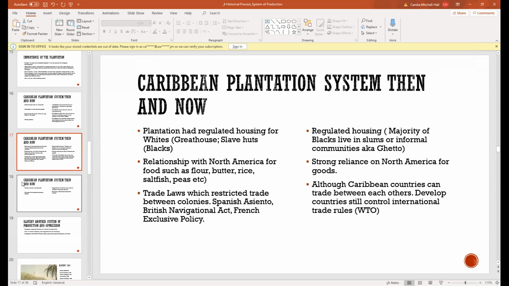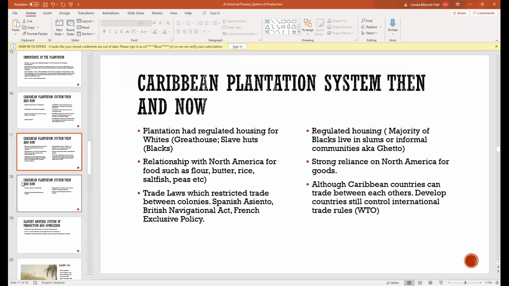Another feature of the Caribbean slave plantation is the relationship with North America. They relied on North America for some food items, for example, things like salt fish. The planters imported saltfish into the Caribbean.